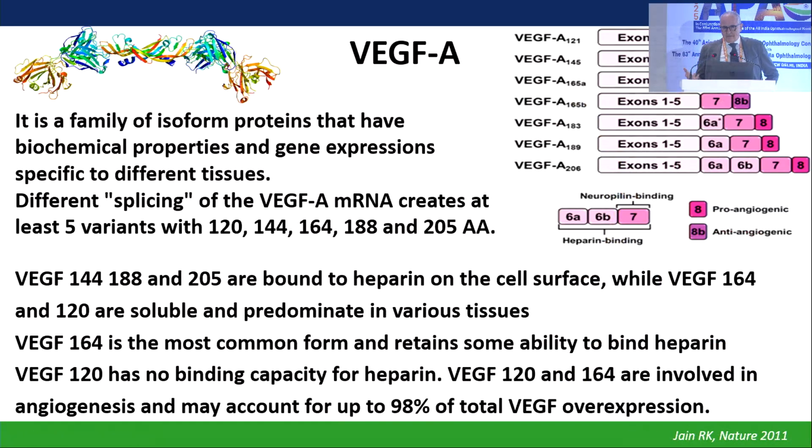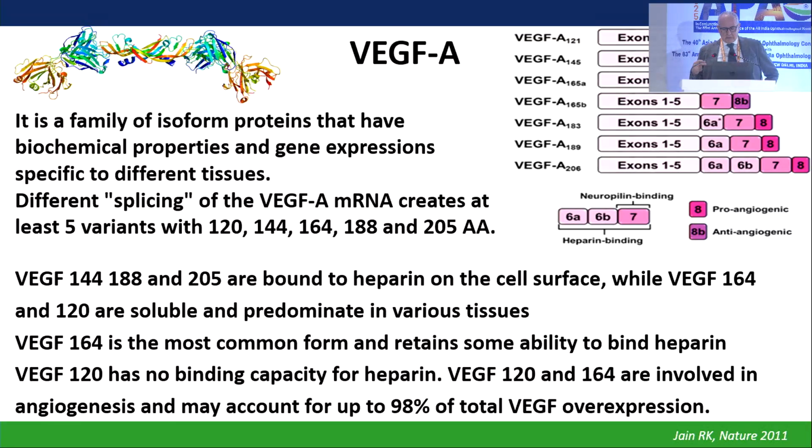We use anti-VEGF because we have known VEGF for a long time, and we know a lot about the story of VEGF, which is a family. The most important thing you have to keep in mind is that there are VEGF isoforms with a low molecular weight, which have no binding capacity for heparin, which means they are soluble and they spread around.